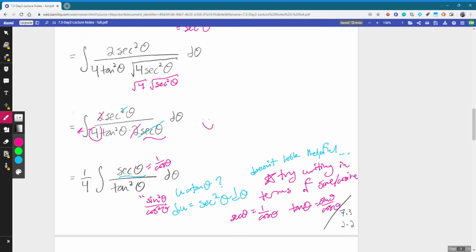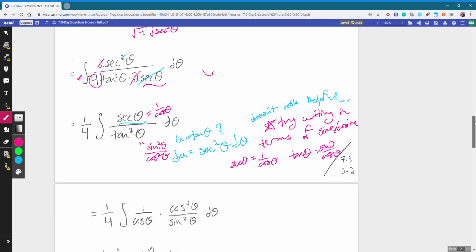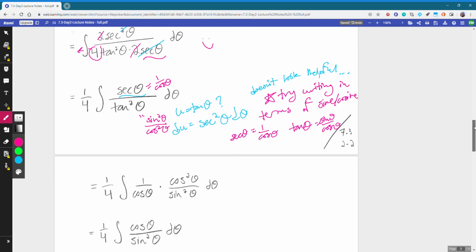And since this fraction's in the bottom, this is going to flip and multiply. And what we'll have is what we see here. All right, so here's our secant theta, and here's our flipped tangent squared. And at this point, there's a little simplification we can do. This cosine can cancel off with one of the cosines up top, and we're left with cosine over sine squared.